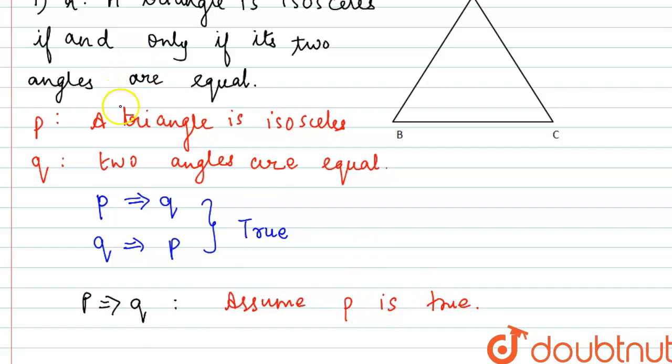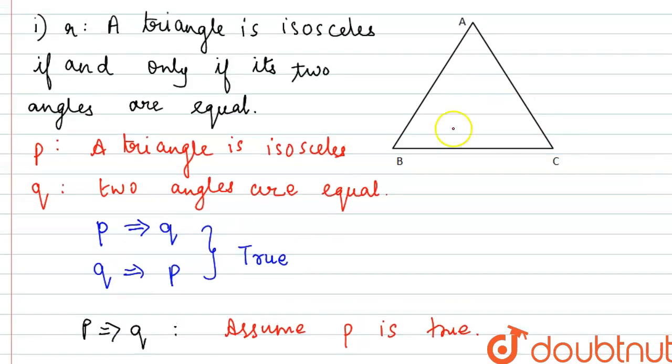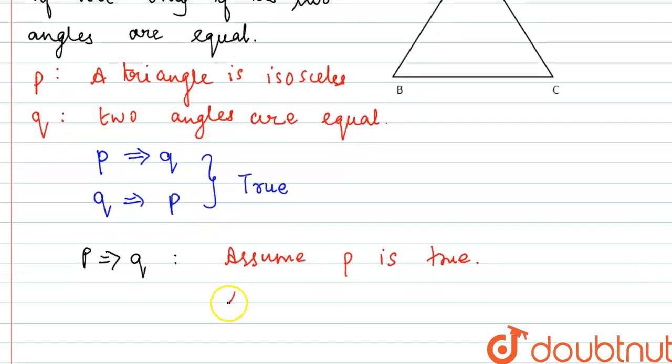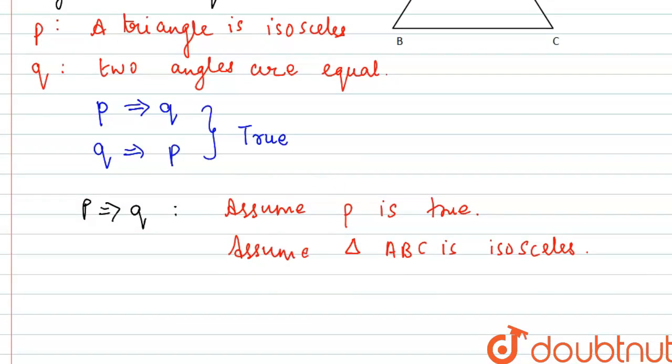That is, we'll assume that the triangle is isosceles. So here our triangle is ABC. So if we assume triangle ABC is isosceles, then if this is true, we need to show that Q is true. That means we need to show that two angles are equal.